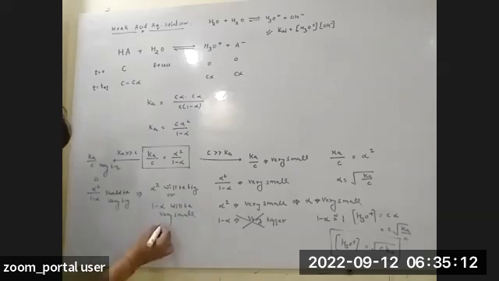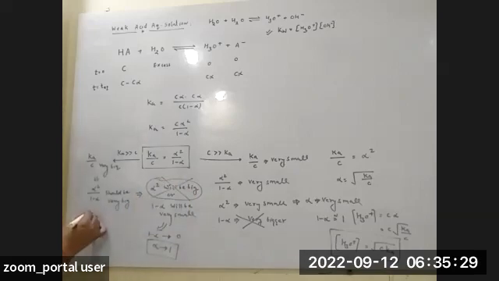This is not possible because the maximum value of alpha is 1, so alpha square cannot be very big. So 1 minus alpha is very small, it may tend to 0, so alpha will tend to 1. Then the weak acid will behave like a strong acid, and H3O plus will be approximately C only. Is this clear to everyone?